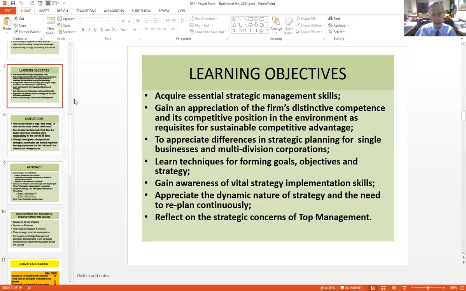Nevertheless, at the end of the day, the manager responsible for seeing to it that there is a plan and that the plan is the best possible is the chief executive. Strategic planning is chief executive material. It's that person's responsibility. No other person has ultimate responsibility for strategic planning. So from time to time, we'll just think about the concerns of top management that exist in strategic management.